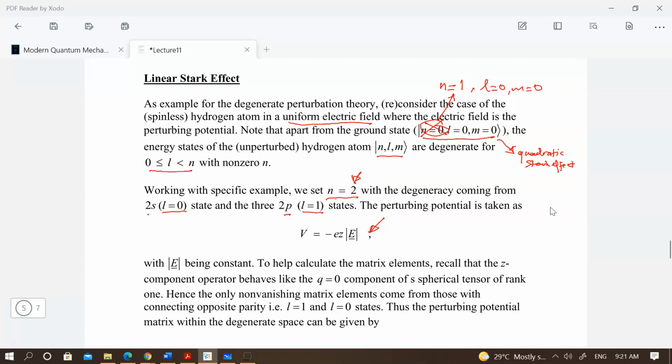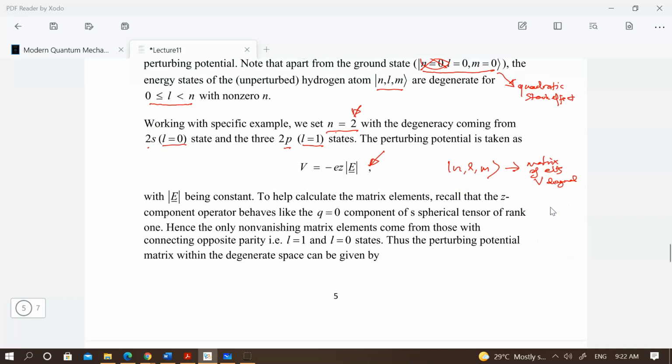So we need to find a combination of your nlm states to make the matrix elements of V diagonal. That's our main task over here.